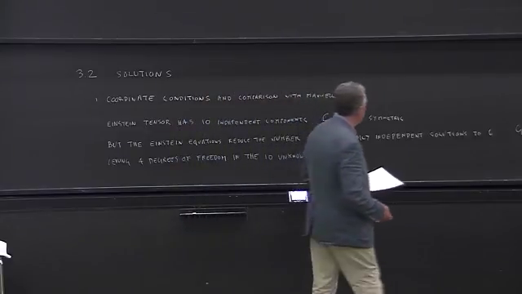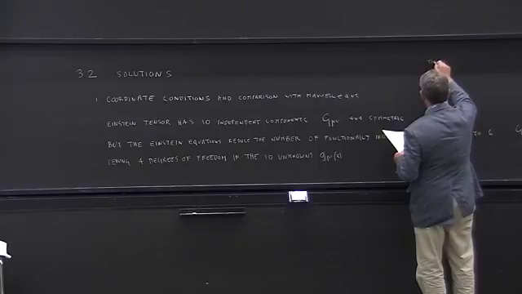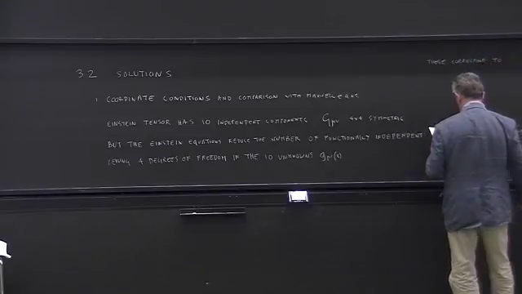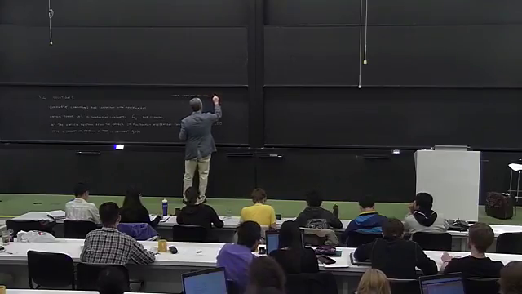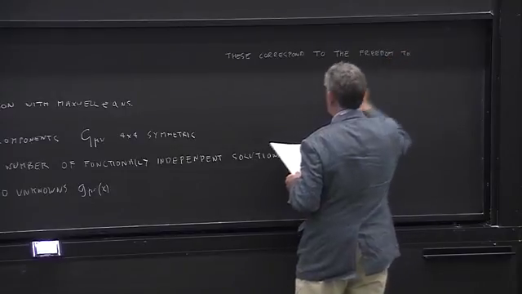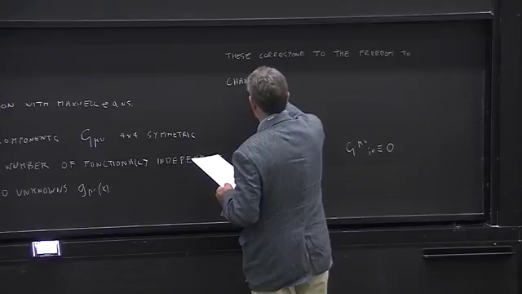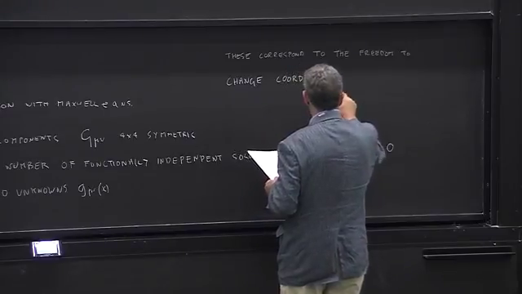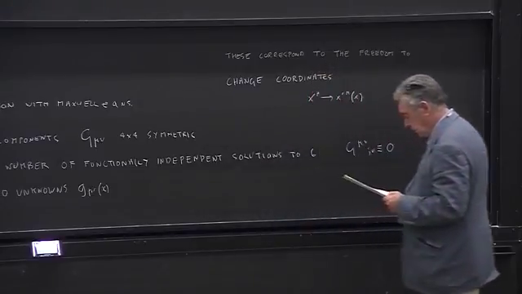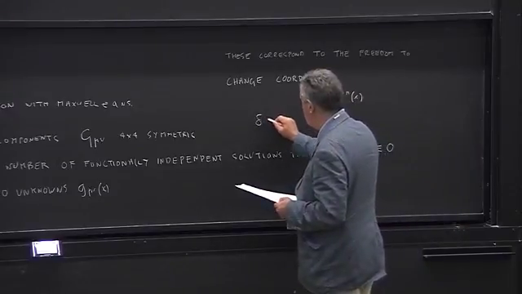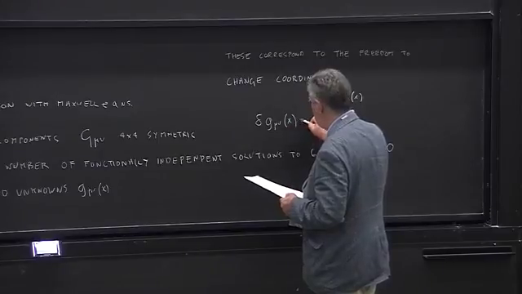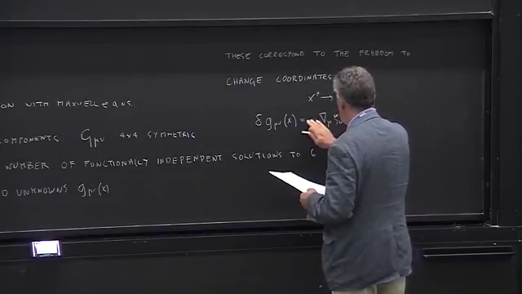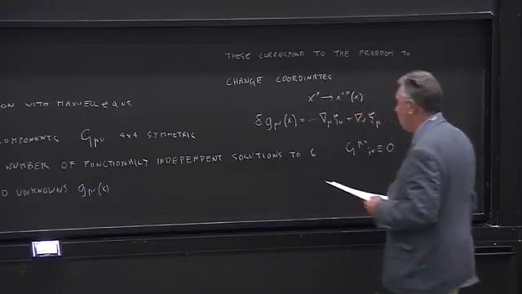Now, that should not come as a surprise. They correspond to the freedom to make coordinate transformations, x mu goes to x prime mu of x, or equivalently written as an infinitesimal transformation on the metric tensor.